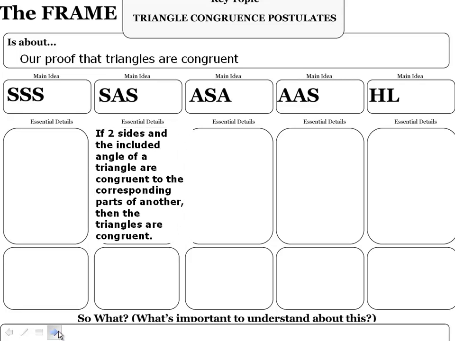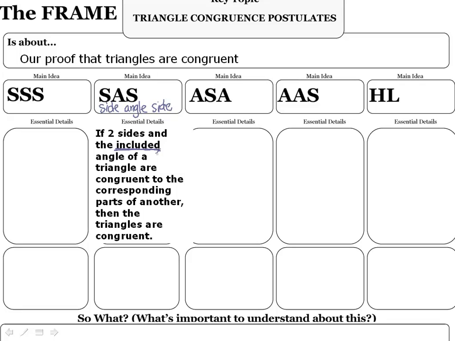Side, angle, side. So the S stands for side, the A stands for angle. This tells us if 2 sides and, very important here, the included angle of a triangle are congruent to the corresponding parts of another, then the triangles are congruent.